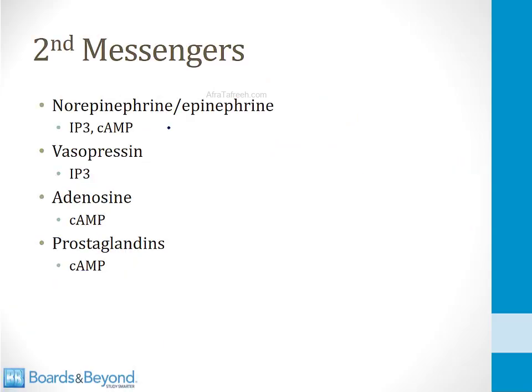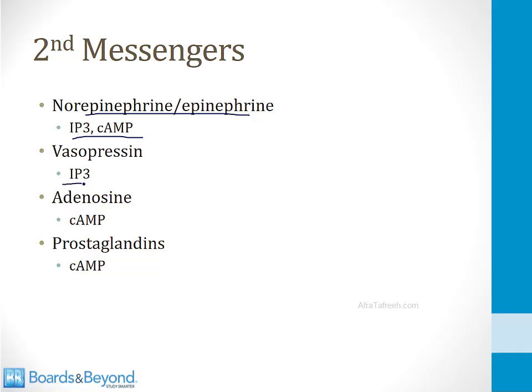Once you understand how these second messenger systems affect smooth muscle, it's then very easy to understand how various hormones and neurotransmitters modify smooth muscle tone in the body. For example, norepinephrine and epinephrine exert their effects by modifying intracellular levels of IP3 and cyclic AMP in vascular smooth muscle, and that's how they modify smooth muscle tone.